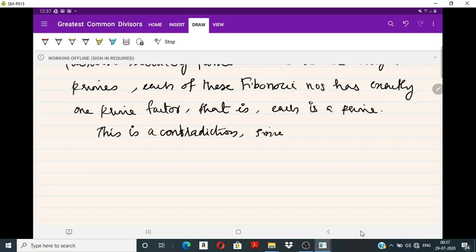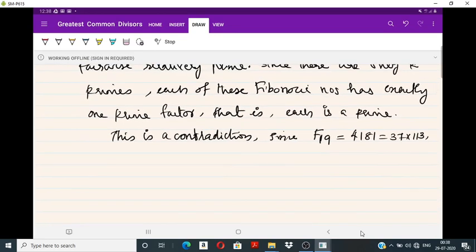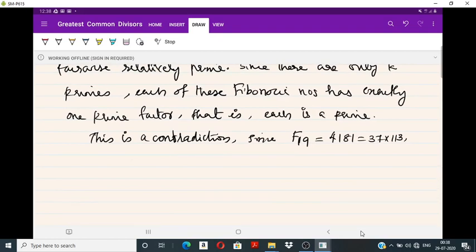This is a contradiction since if we consider F19, we know that 19 is a prime number and F19 is actually 4181, which can be written as 37 into 113. So this is a composite number.